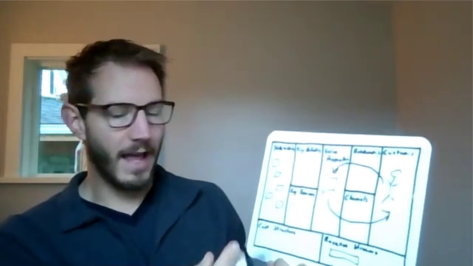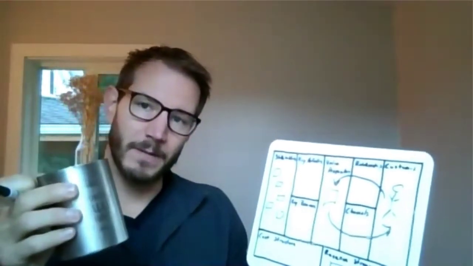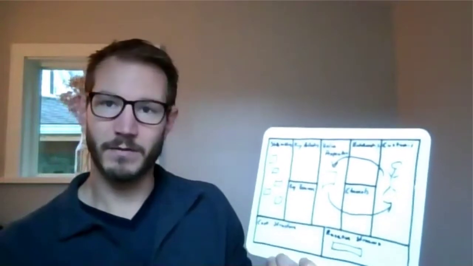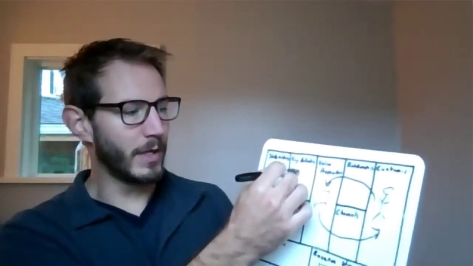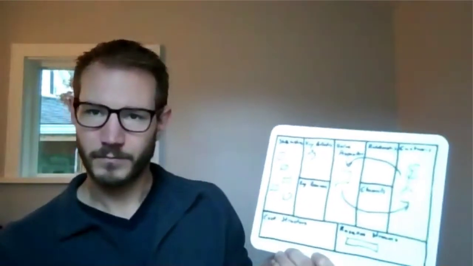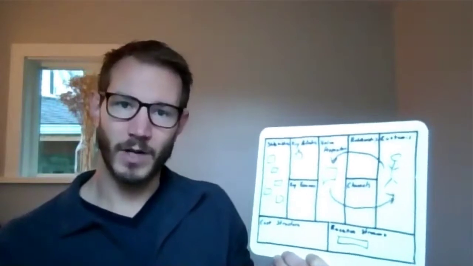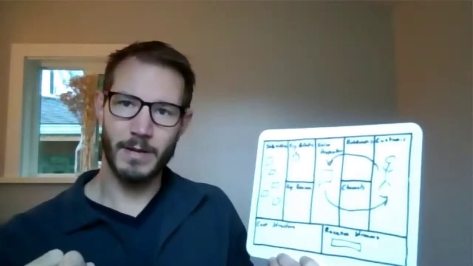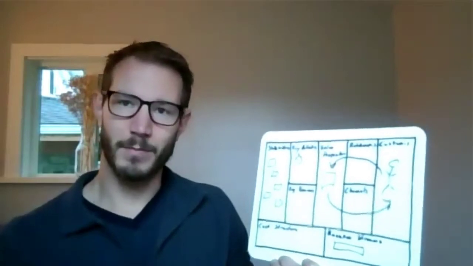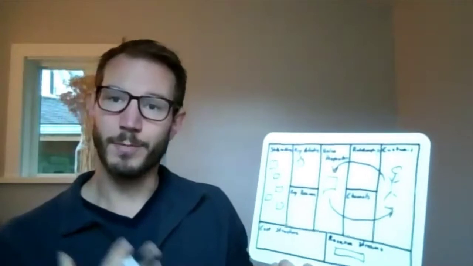In this coffee cup example, if I was running the coffee cup company, I would have key activities like manufacturing. I would have to actually build this product. I would have a key activity of marketing. I'd have to put this product out there in the world so that somebody would know about it and be able to purchase it.